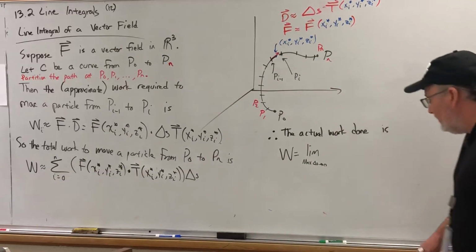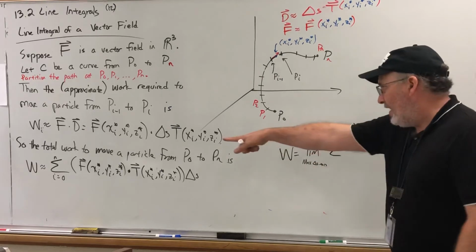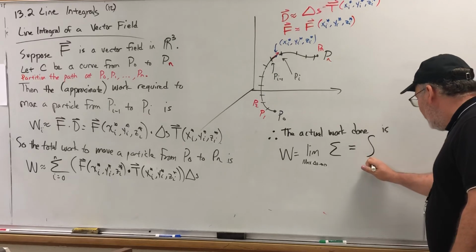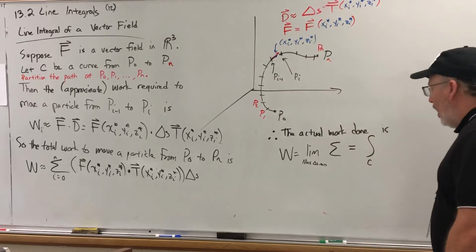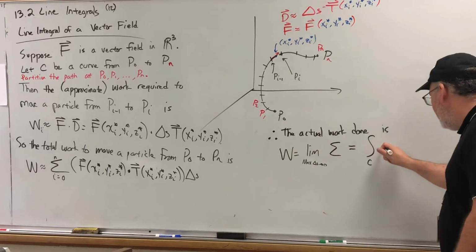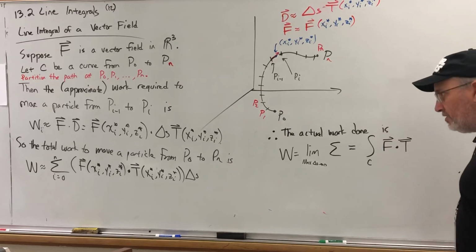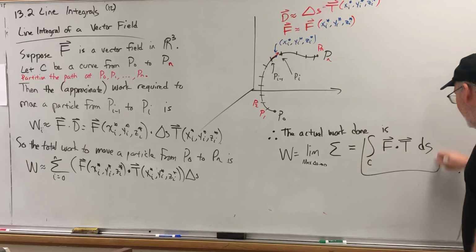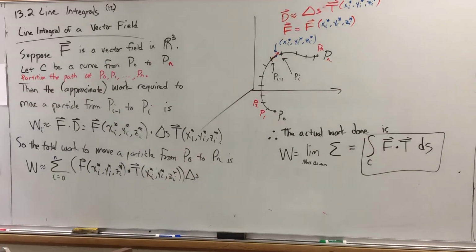So the actual work is the limit as the largest arc length approaches 0 of that sum, which I'm not going to rewrite, it's over there, which by definition is the line integral over the curve C, I didn't call it C, but it's this curve, of that expression, the vector field dot the unit tangent vector ds. And this is how you evaluate the line integral over a vector field.